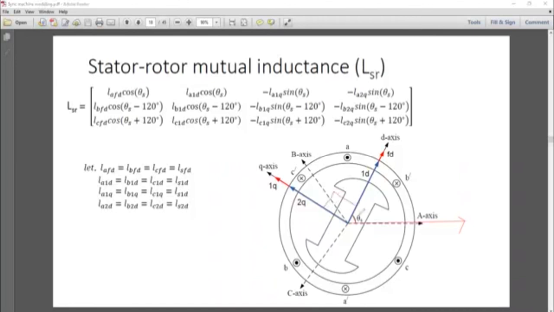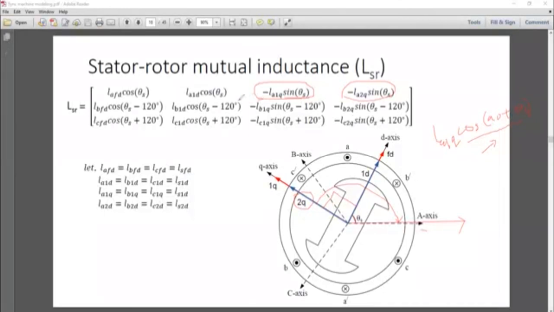It is 90 plus theta s. So you write LA1Q cosine of 90 plus theta s, which is simply minus LA1Q sine theta s. If you bring it along the a-axis, you get this relation. What about 2Q? Same thing: minus LA2Q sine theta s.